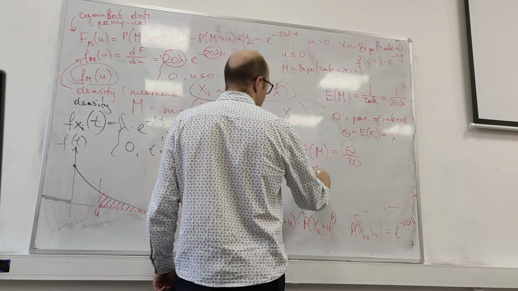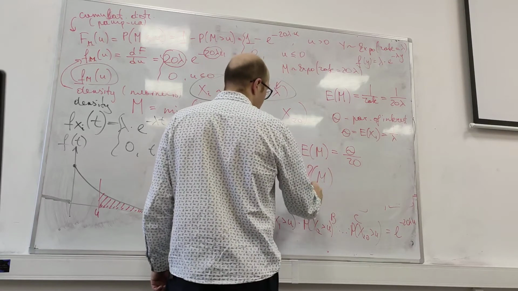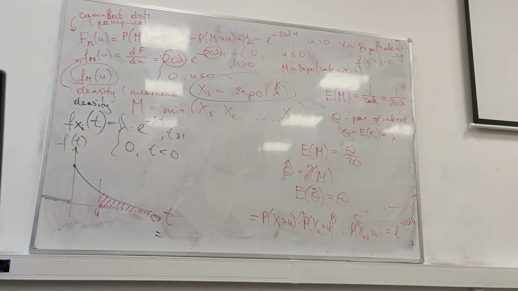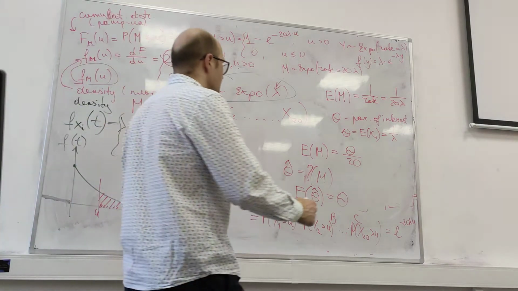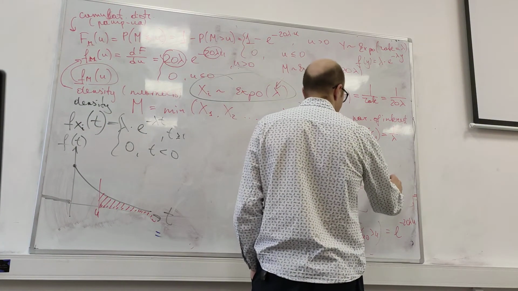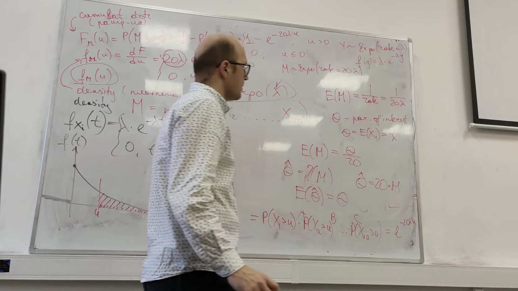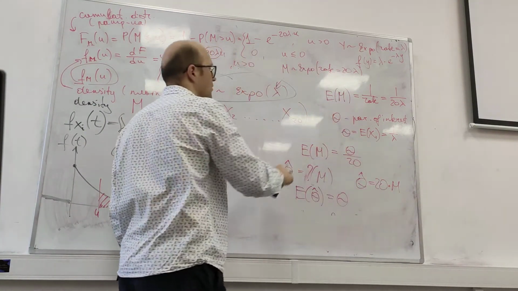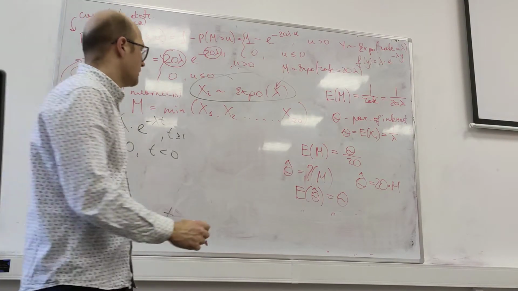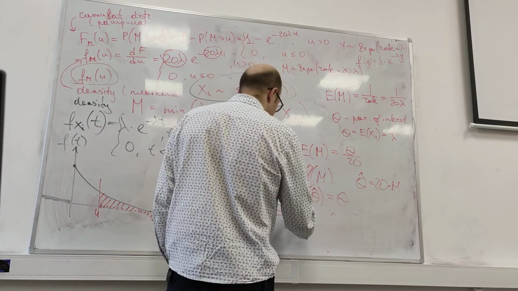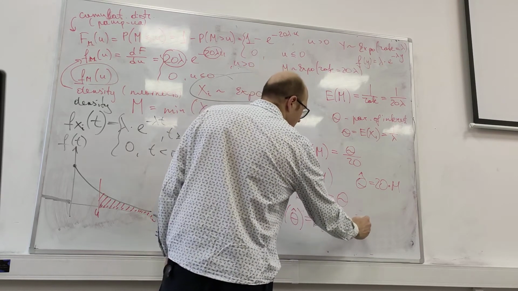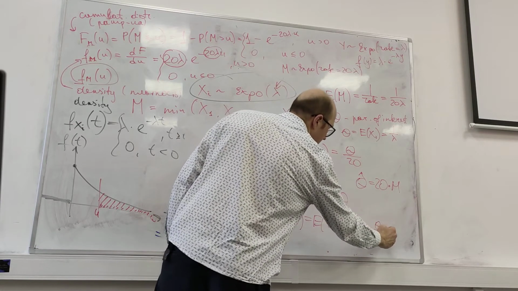We need the expected value of theta hat equal to theta. A good choice is theta hat equals 20 times m. Since the expected value of m is theta over 20, the expected value of 20m is 20 times theta over 20, which is theta.